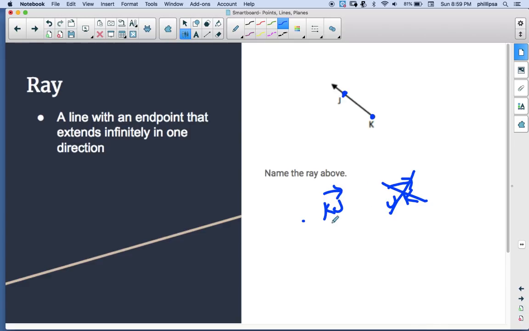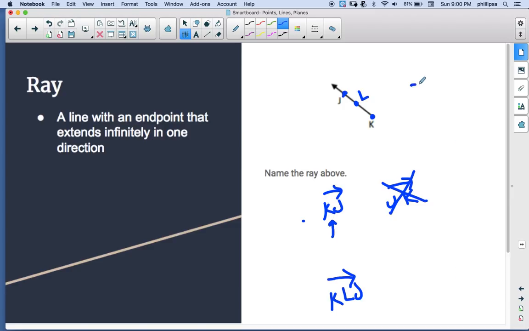You always start with the letter that is the true endpoint, and you finalize the name of your ray with the point that it extends through. So let's say I add another point to it. Now this can be ray KLJ, but it would still not be JLK.